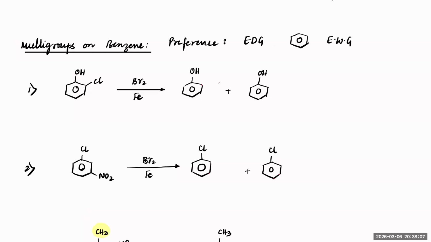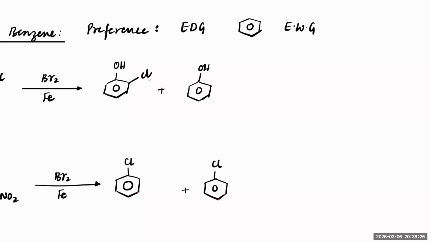In such a case, what we do, we have chlorine here, right? And now I need to accommodate this bromine. So we will place the bromine as per the direction of OH, because generally we learned that when it comes to rate of EAS, the group present on benzene, if it is an electron donating group, would have more priority as compared to only benzene, or as compared to an electron withdrawing group.